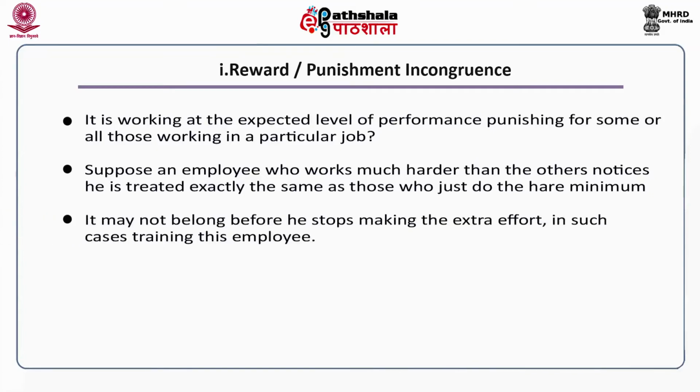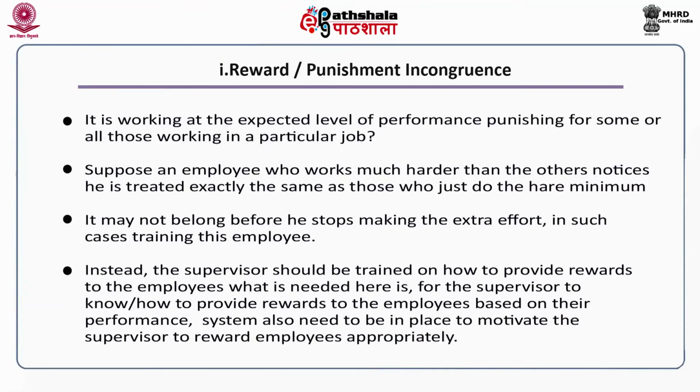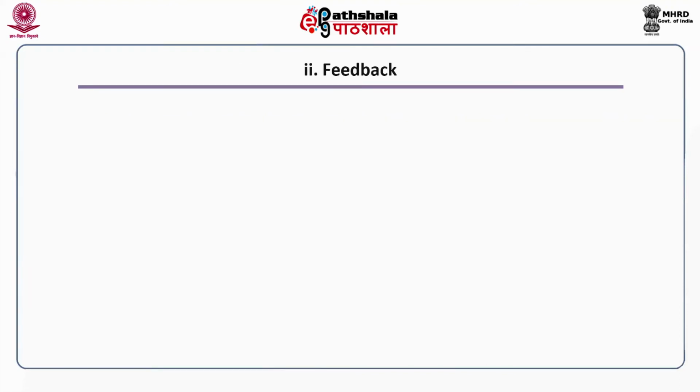It may not be long before he stops making that extra effort or stops going that extra mile in the job. Instead, in this case, the supervisor should be trained on how to provide rewards to the employee who is going the extra mile and probably give some negative reinforcement to those employees who are not putting their best in accomplishing their task. Feedback.